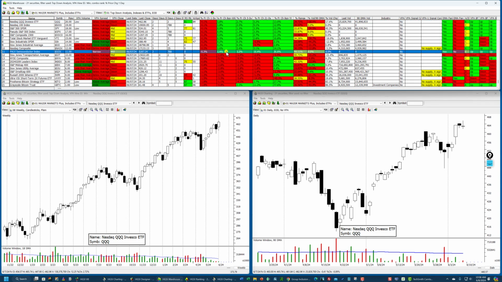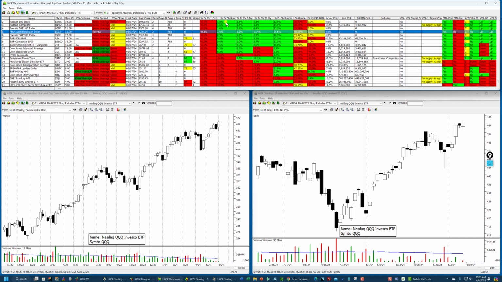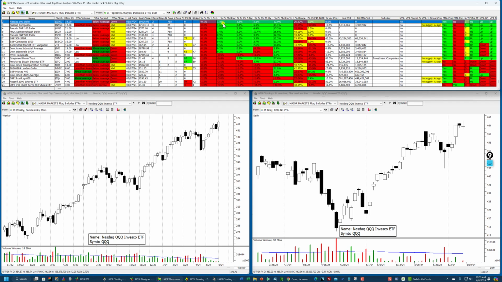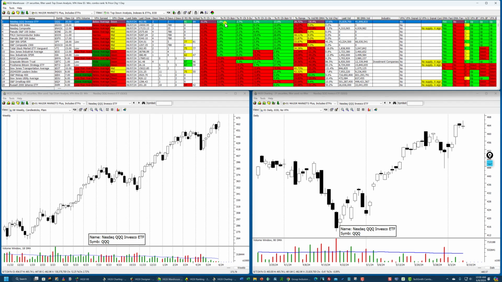These were all up from the beginning of the week, and it looks like the SOX was up 1.4%, which would be one of the largest gainers for the week. But the NASDAQ 100, which of course is loaded with tech stocks, and the QQQ, that's where the action was.